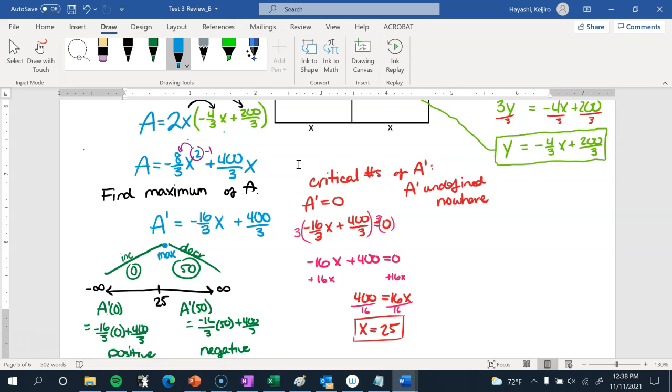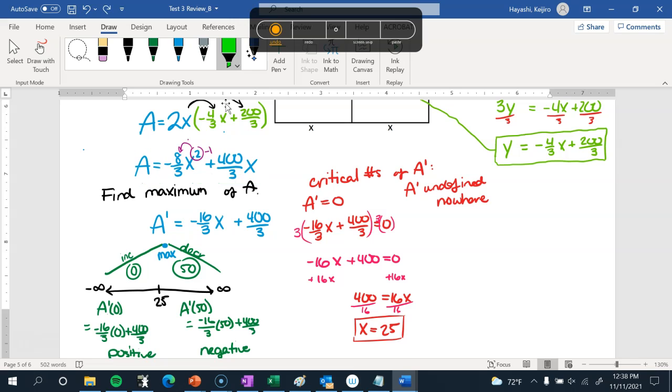Now, it was possible to just look at the area function and determine that it's a downward-facing parabola, which has this sort of shape.